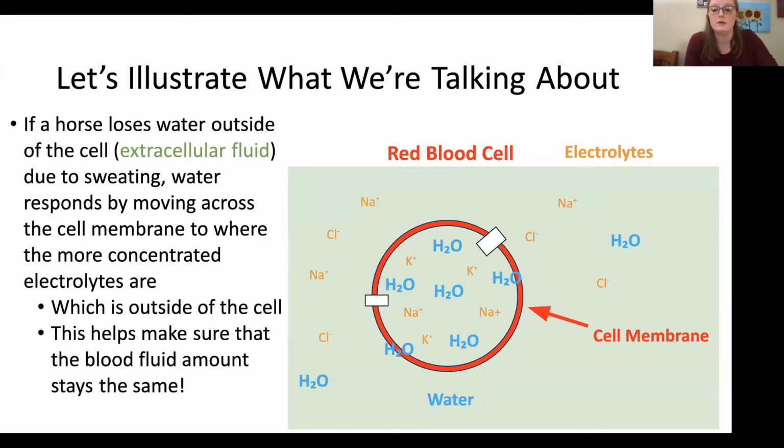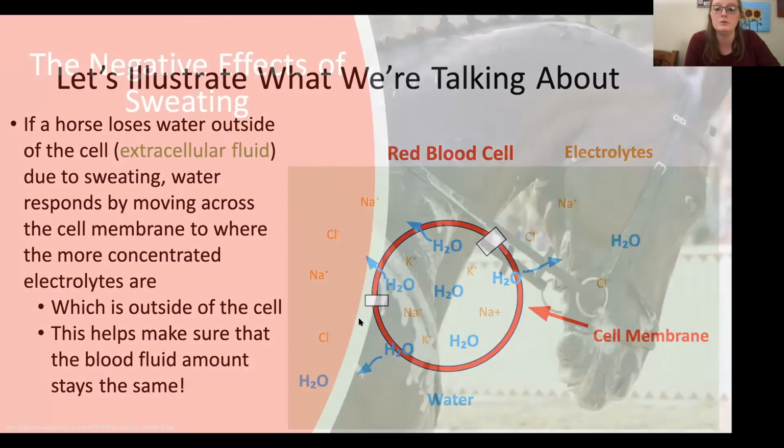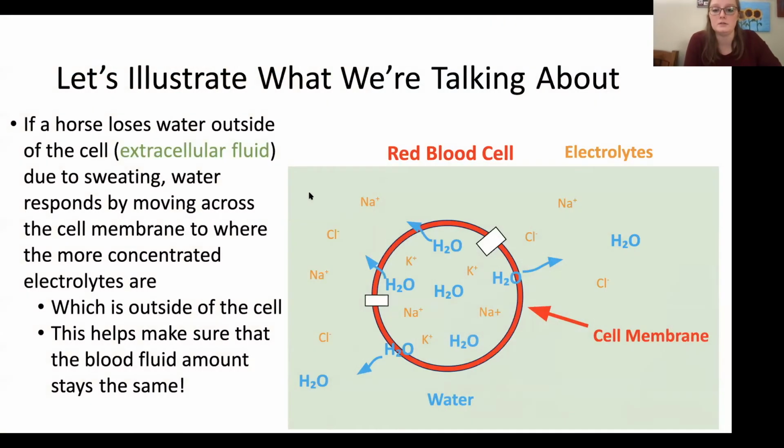So say the horse has been sweating and now this water here exits because it's been lost in the form of sweat. Well, we have a bunch of water here in the middle of the cell. And so the body is smart enough to say, we need more water out here where all of these electrolytes are. And so it'll actually move the water out into this green area representing the extracellular fluid.